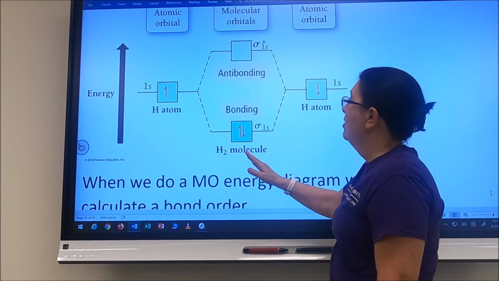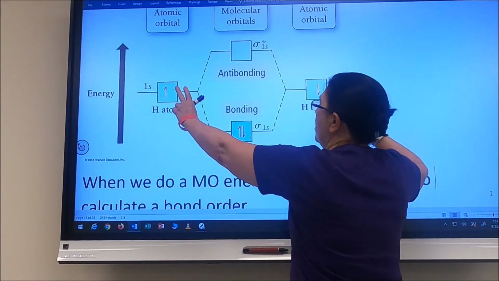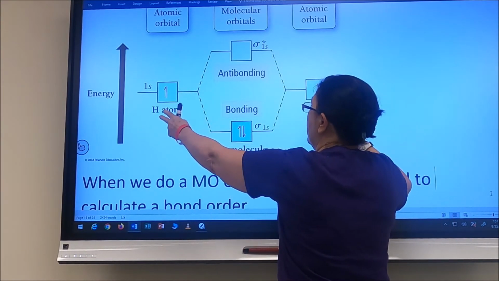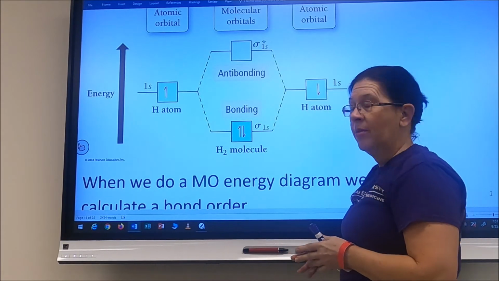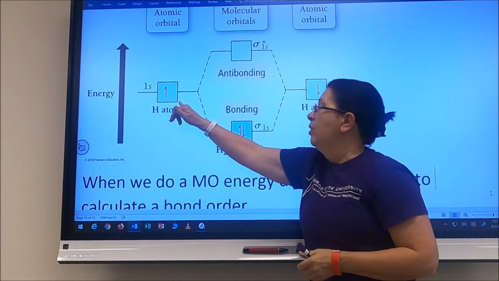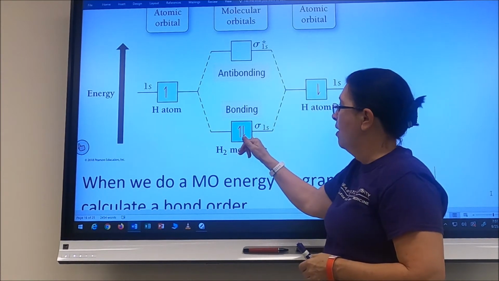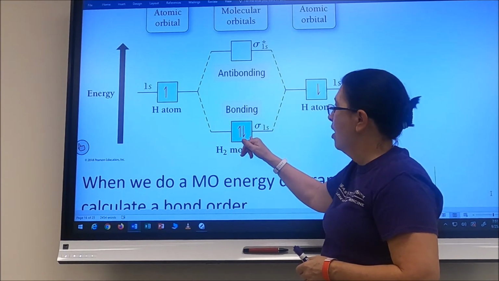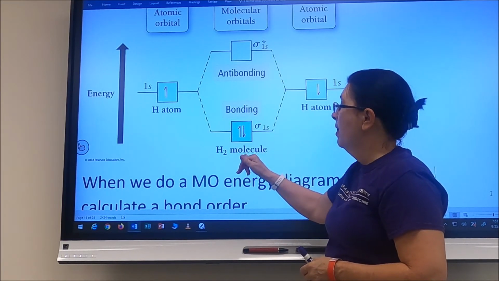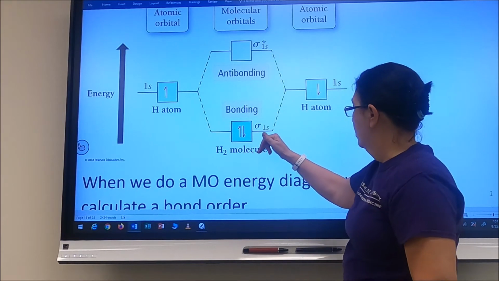To make the molecule, the electrons originally in the atomic orbitals are moved into the molecular orbitals: the one electron from there, the one electron from there. We have two electrons in the molecular bonding orbital.